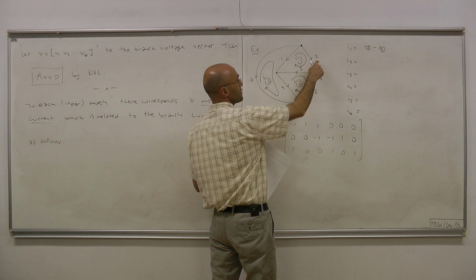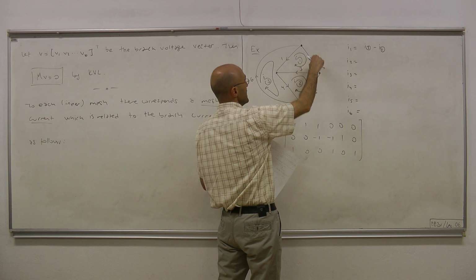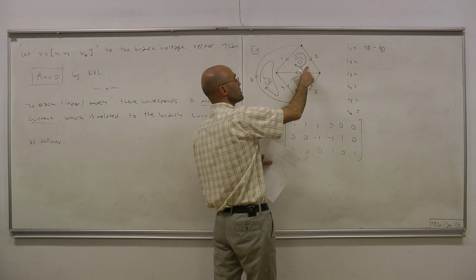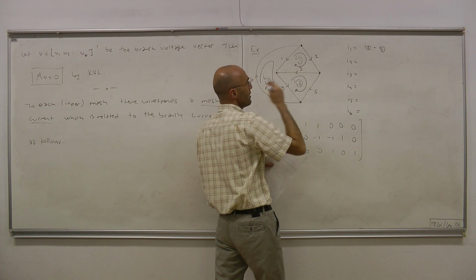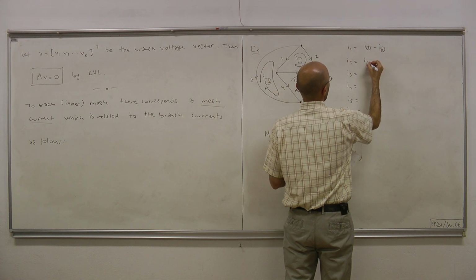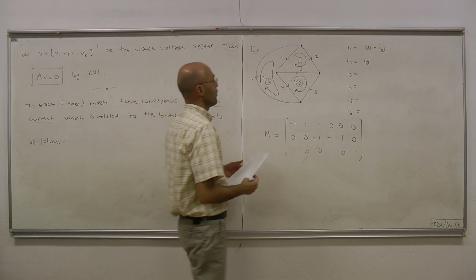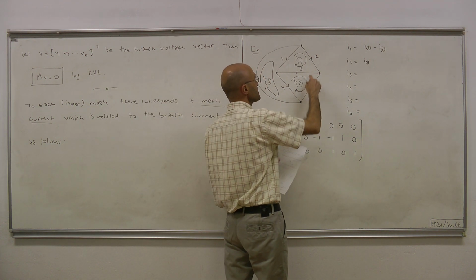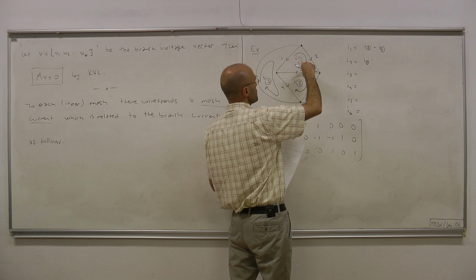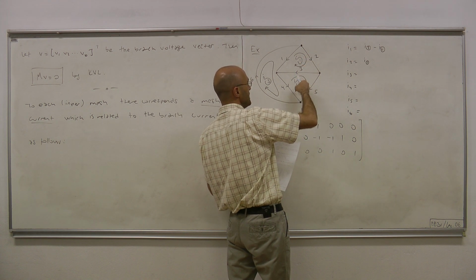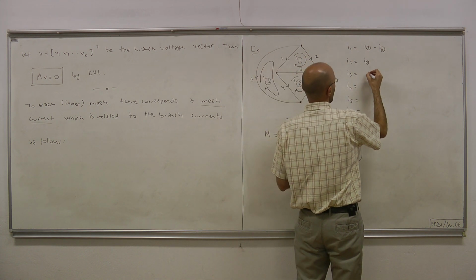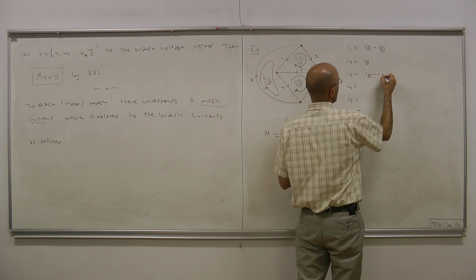How about I2, the second branch current? It touches only one of the inner meshes, and its direction is the same. Therefore we directly write I1 for I2. For I3, it touches two meshes, 1 and 2. Its direction is the same as I1 and opposite to I2. Therefore we write I1 minus I2.